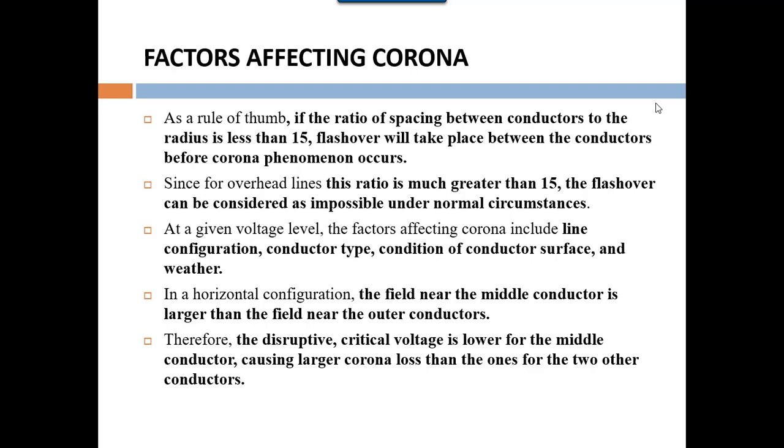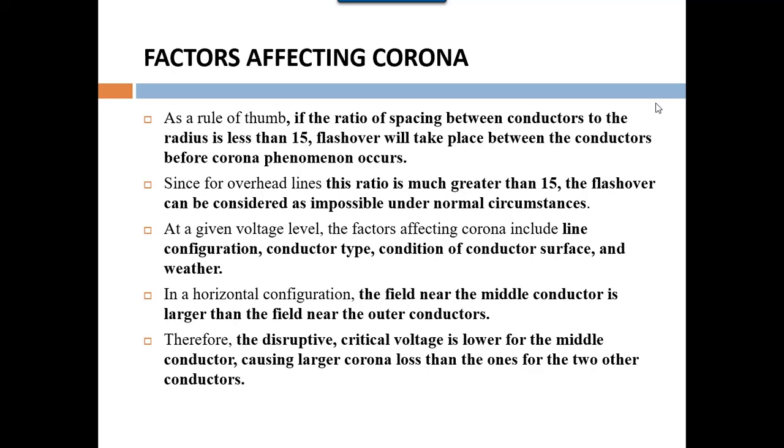If there is some irregularity in the conductor, then it affects corona. Then if there is some moisture or some dust particles on the surface of the conductor, then corona may occur. And finally, if there is high temperature, or high pressure, or any irregular atmospheric condition, then corona may occur.